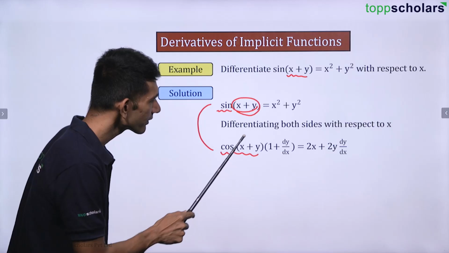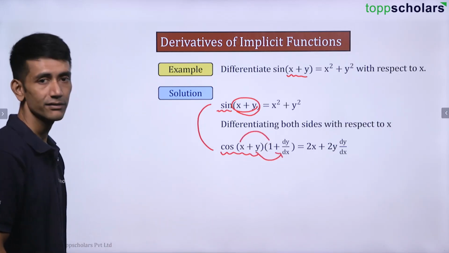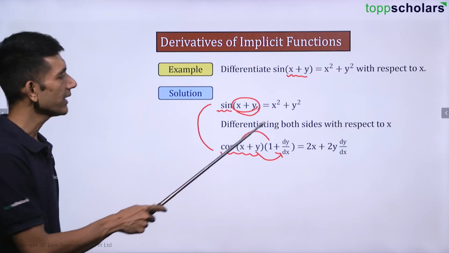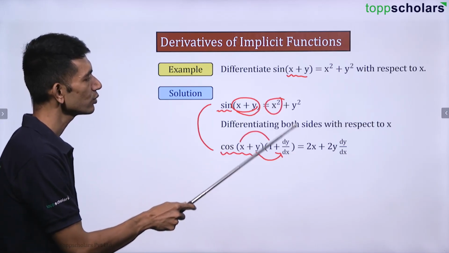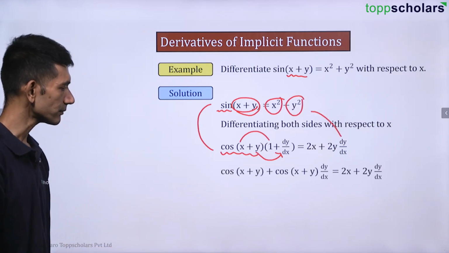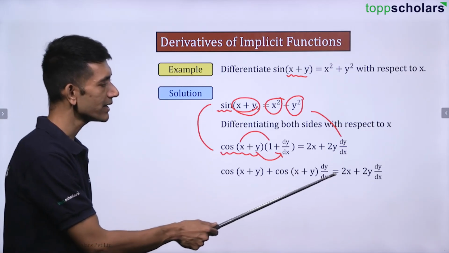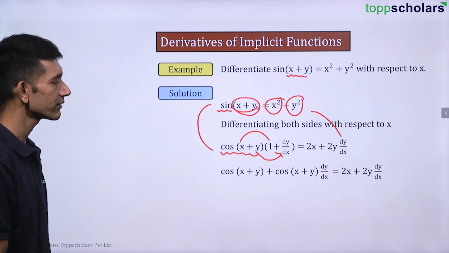Derivative of x is 1, derivative of y with respect to x is dy by dx, correct? And here, derivative of x square is 2x, derivative of y square is 2y dy by dx. So cos of x plus y plus cos of x plus y dy by dx is equal to 2x plus 2y dy by dx, isn't it?